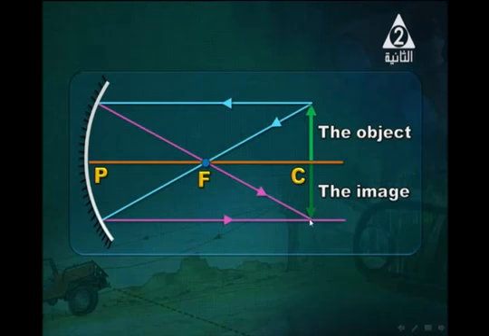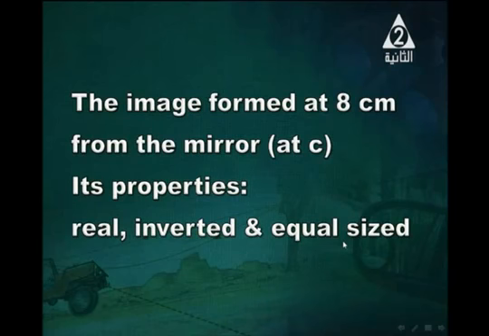At the point of intersection of the two reflected light rays, the image is formed. We see that the image is formed at 8 centimeters from the mirror at the center of curvature. Its properties are real, inverted, and equal in size.